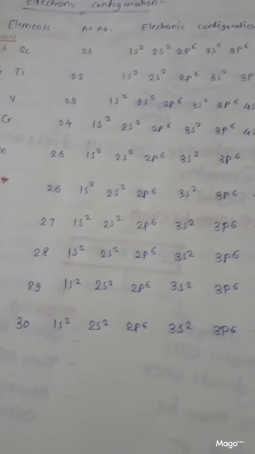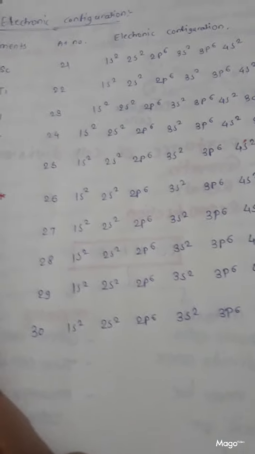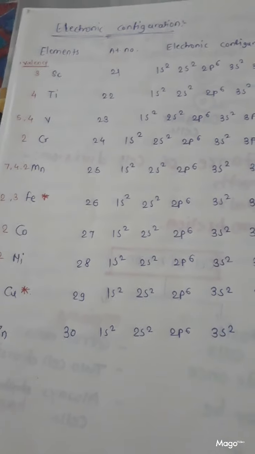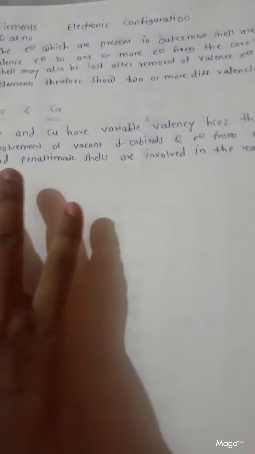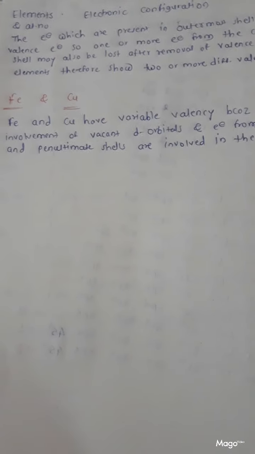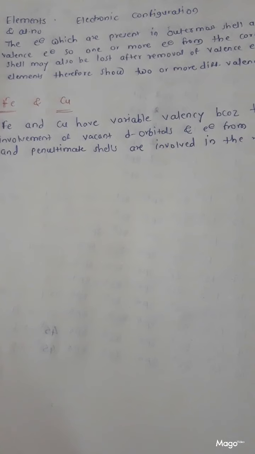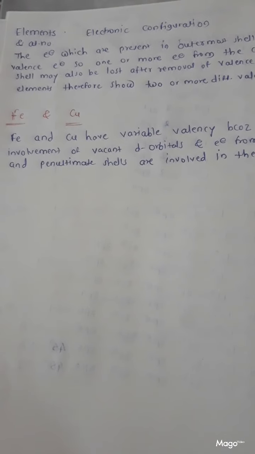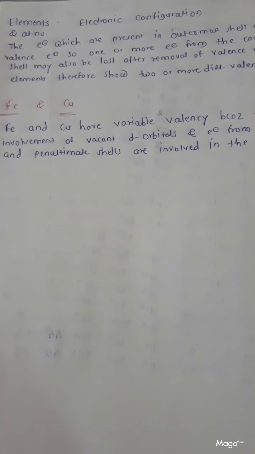So what is meant by variable valency, student? Valency is the combining capacity of an element, and you can see what happens in the case of iron and copper. They have variable valency because we have studied that the outermost electrons take part, and this is related to the valency of the element.